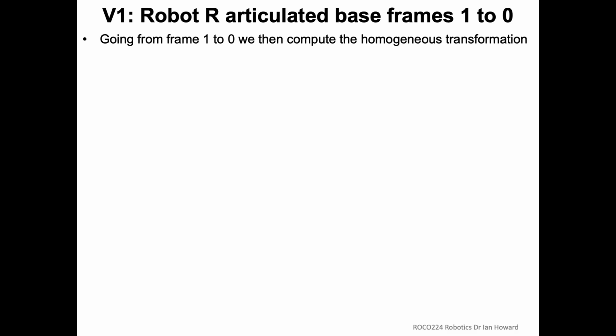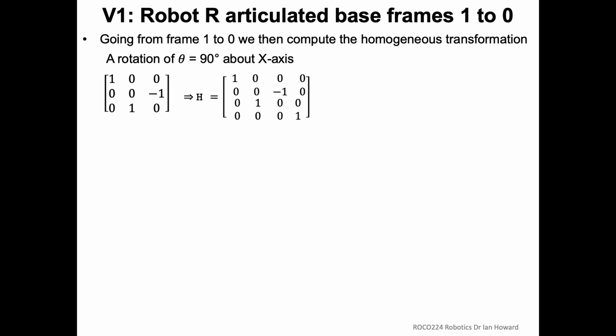So we've got the three terms. We've got our alignment to get the axes pointing in the same direction, which is a rotation of 90 degrees about x. We've got our 3x3 matrix for that, and we can then build up our homogeneous transformation quite easily by just sticking in the 3x3 part, no translation, and we put the 0, 0, 0, 1 at the bottom.